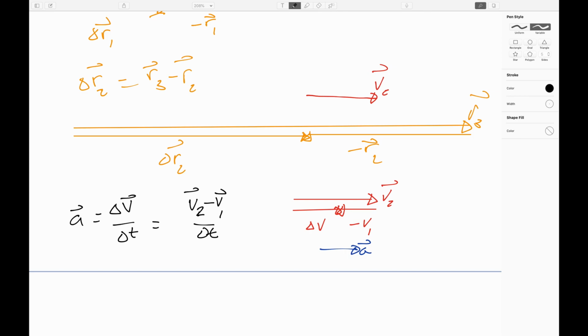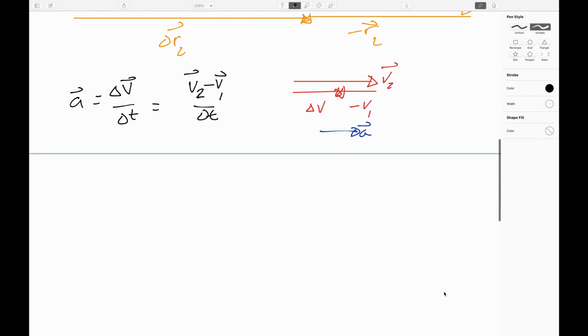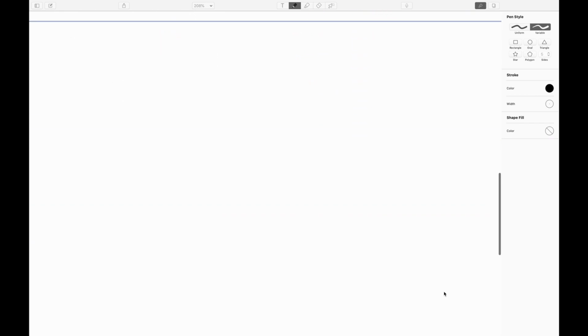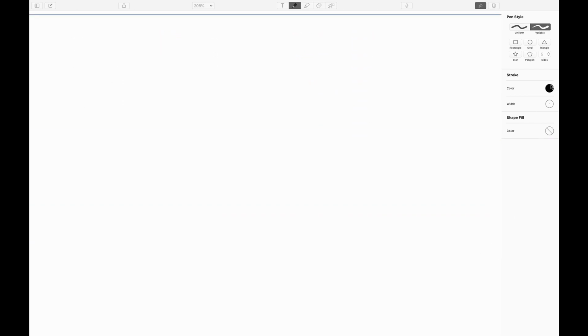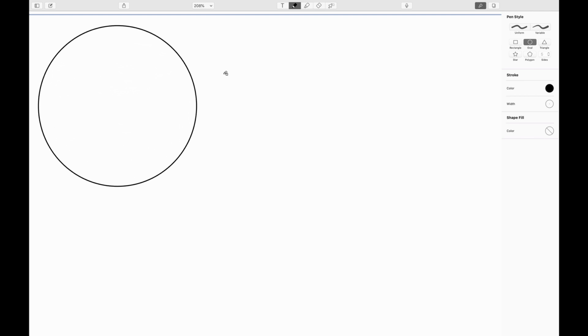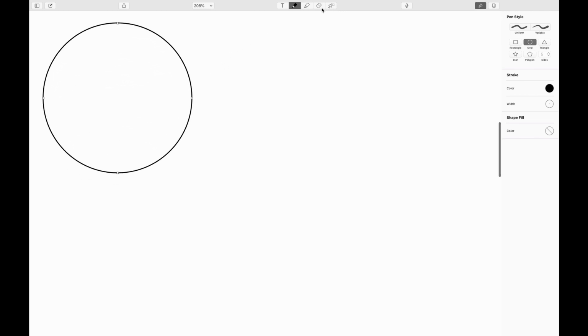Well, that's all well and good, but now let's say you are moving at some constant speed around a circle. Here, you might at first blush think that you're not going to be accelerating, but you would be incorrect on that, and here's why. So let's say this is the circle you're moving around.